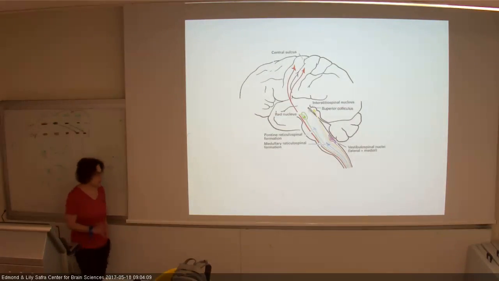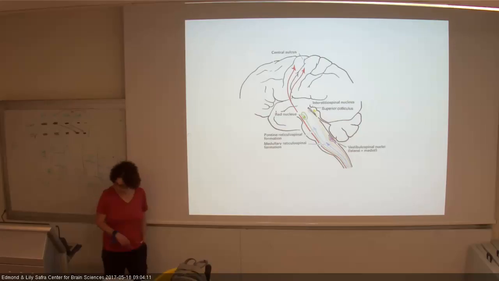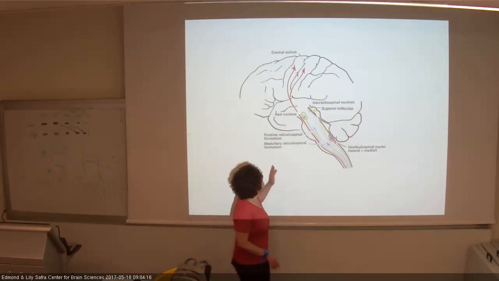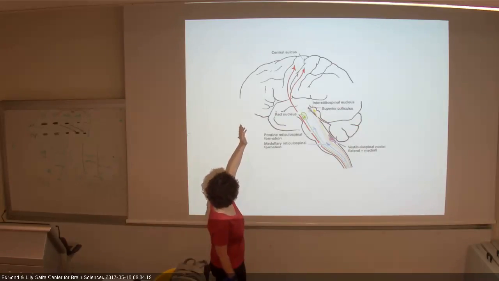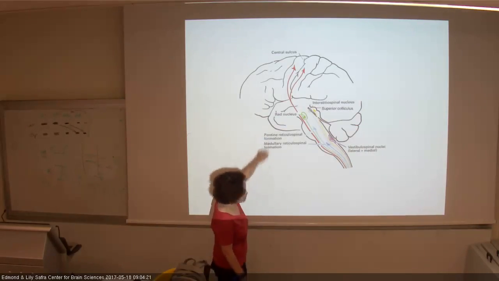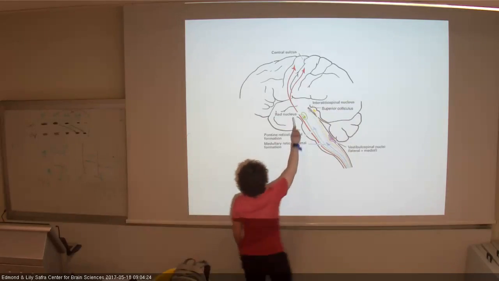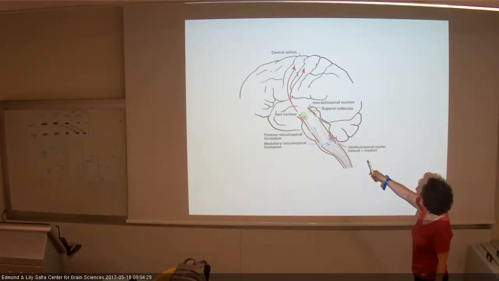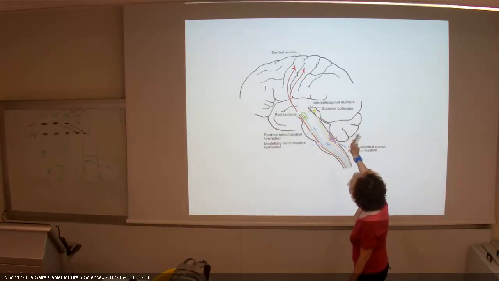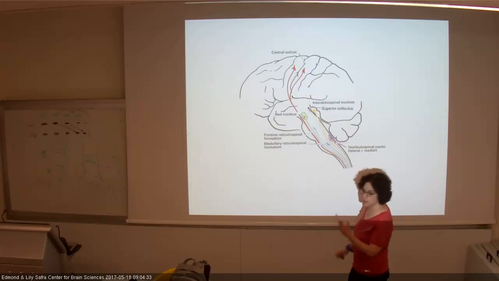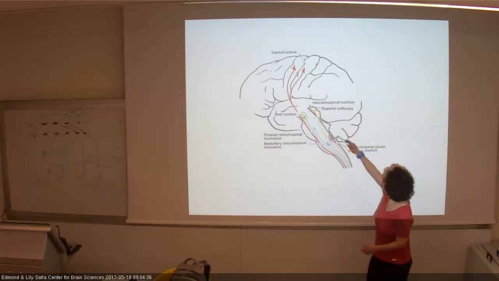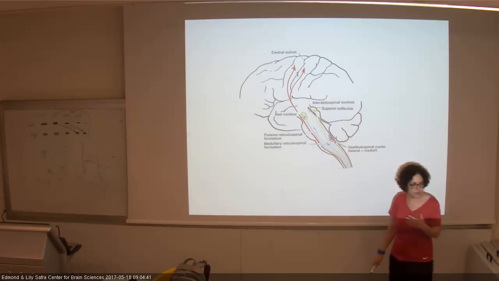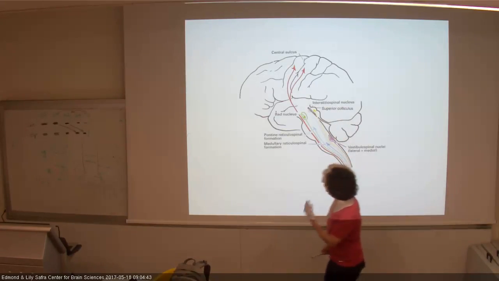Okay, so when we talk about descending pathways, we are talking about a set of pathways that include the corticospinal pathway from the motor cortex, in red, and the vestibulospinal, reticulospinal, rubrospinal, and tectospinal pathways. These connect from midbrain and brainstem structures all the way to the spinal cord.